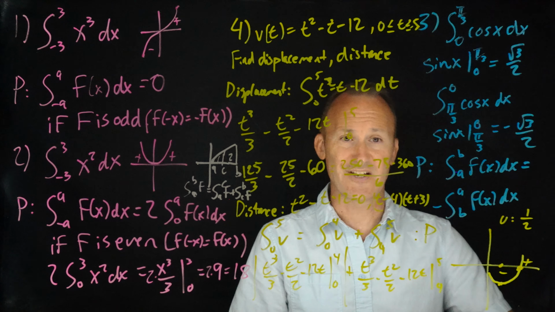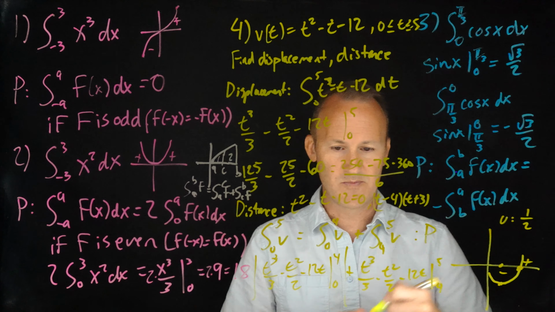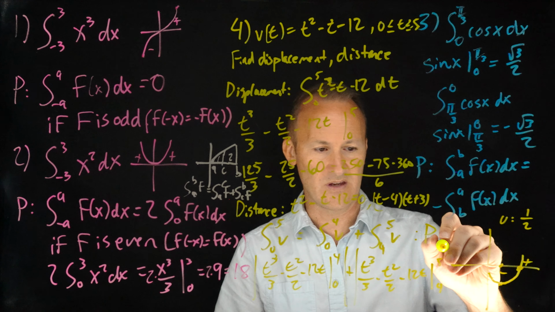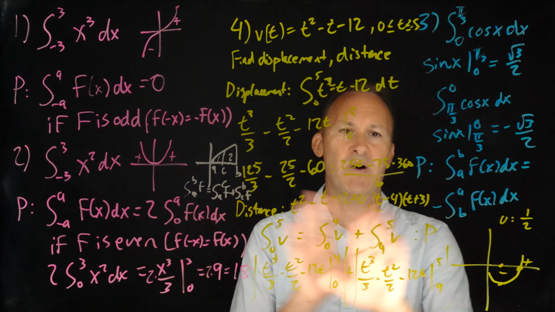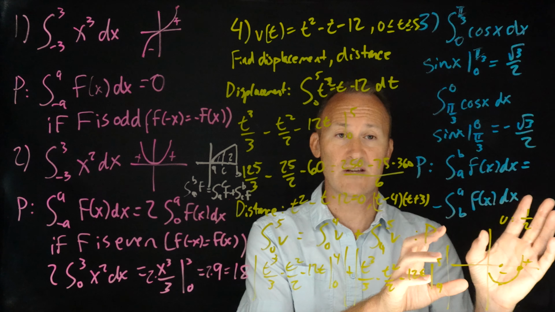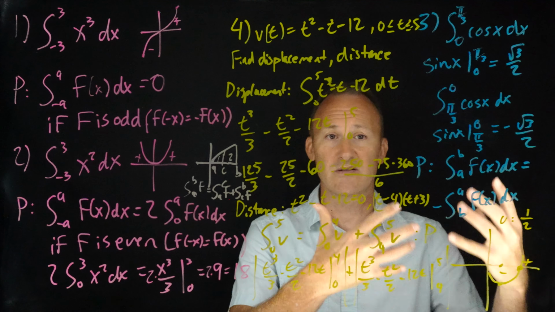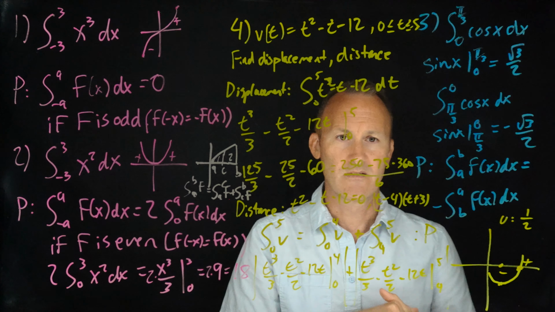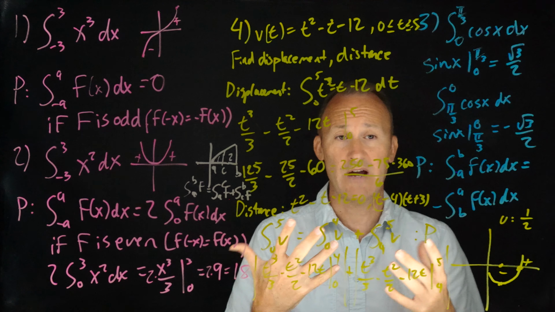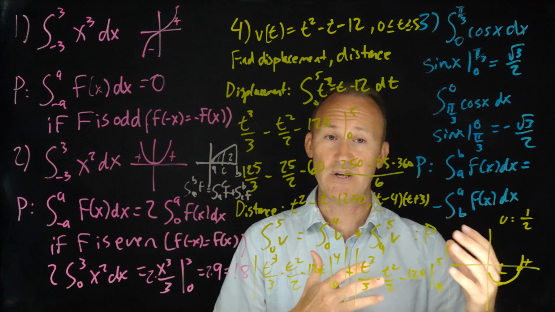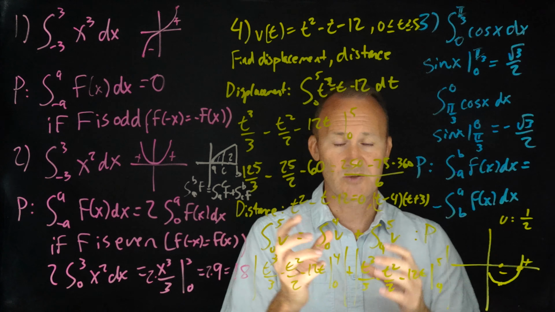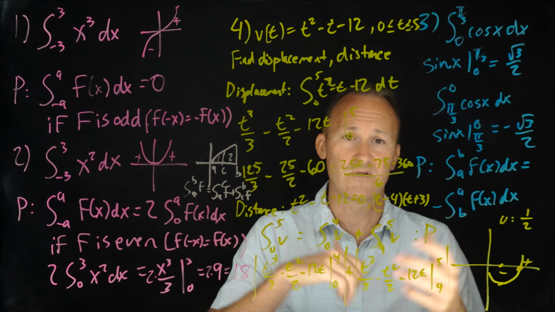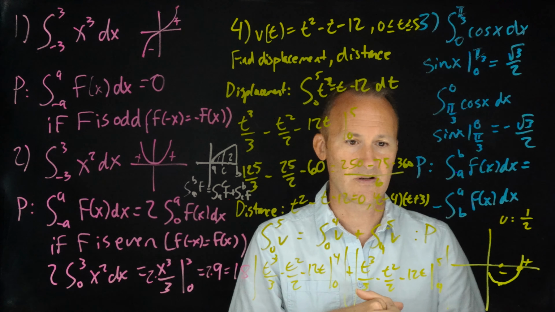Really, to be on the safe side, you could just take all the absolute values, because for distance, everything is positive. It doesn't matter which is positive and which is negative. You just need to take everything as a positive. That's what distance is. And velocity and speed will also have that relationship, where your speed is always going to be positive, whereas your velocity could be negative. So speed and velocity are actually similar to distance and displacement.